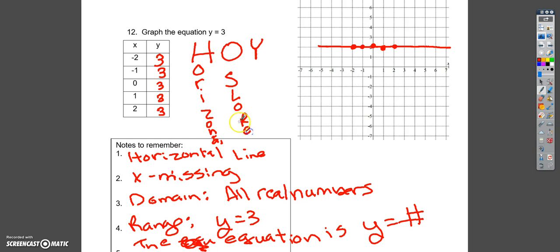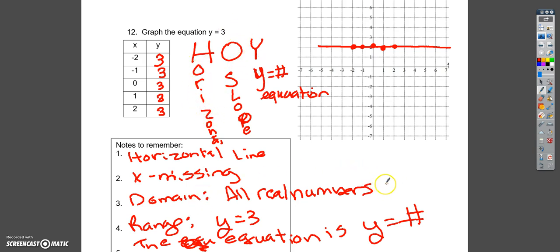We're not really there to slope yet. And y is a y equals a number equation. So that's an easy way for you to remember all of this. If you see a horizontal line and they need the equation, you know it's going to be y equals a number. If you see a y equals equation, you know it's going to be a horizontal line.